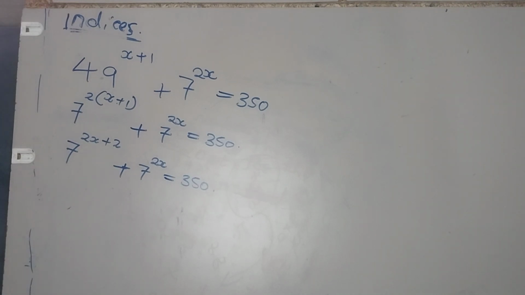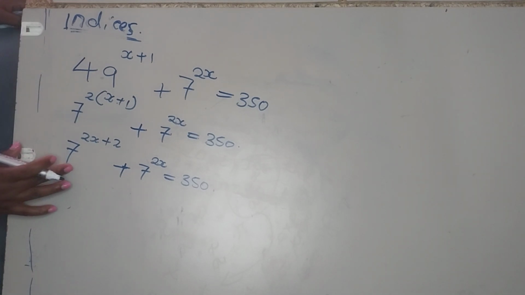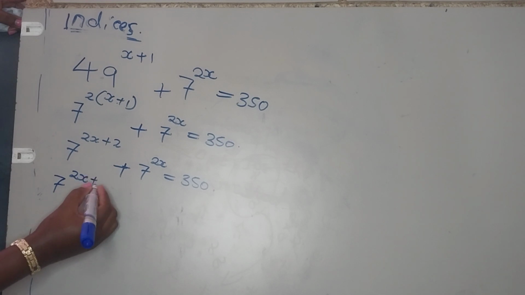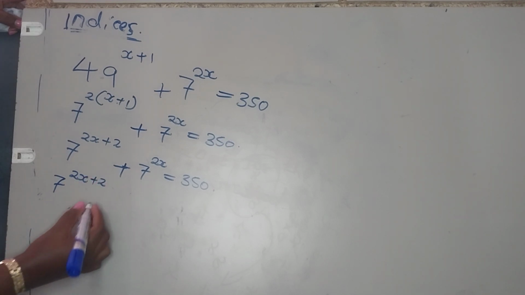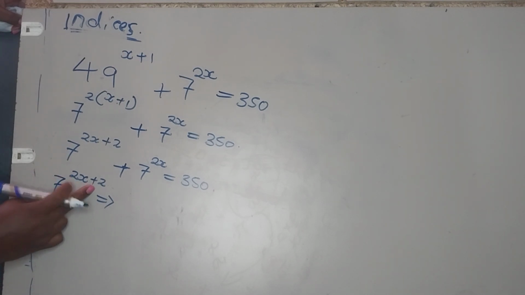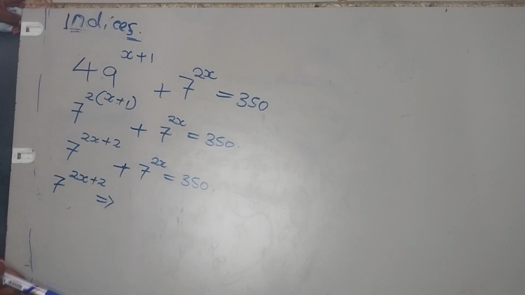Which unknowns do we have in the equation? But even before that, there is a basic I gave on the addition of powers. This simply means that 7 to power 2x plus 2 are two numbers with the base 7, separated by a multiplication sign because of an addition on the power.